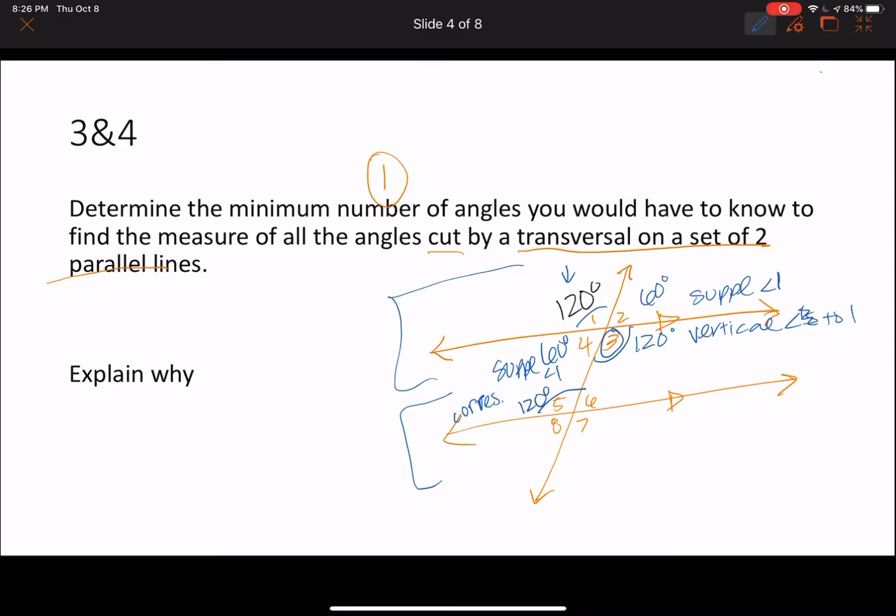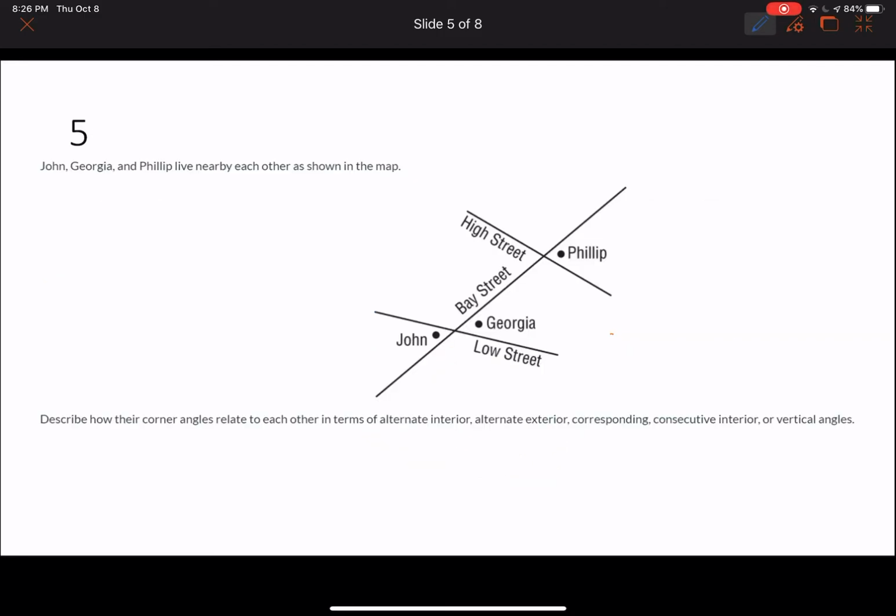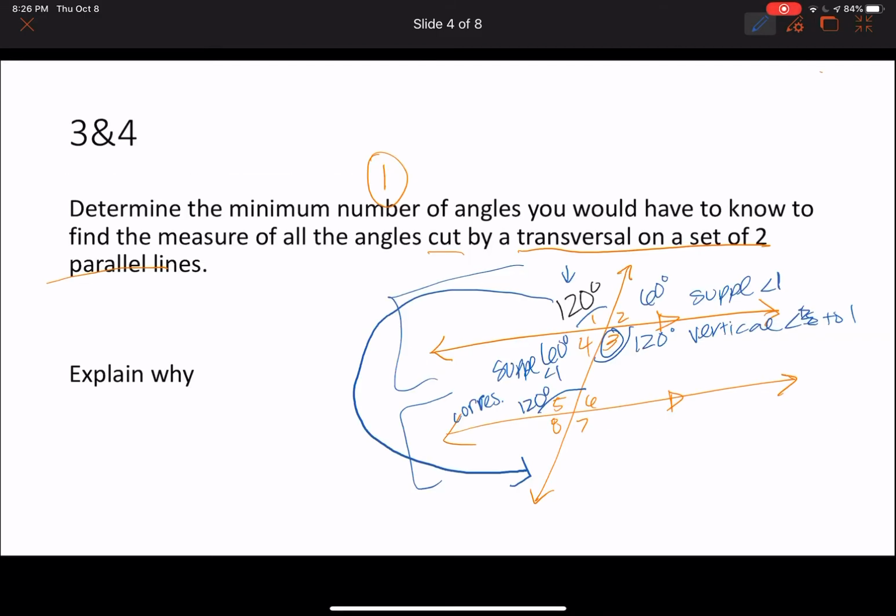Now, you've also got 120 on the same side of the transversal on the outside, the exterior of my two lines, which means they are going to be supplementary, and this would be 60. So they would be consecutive exterior angles for this one.